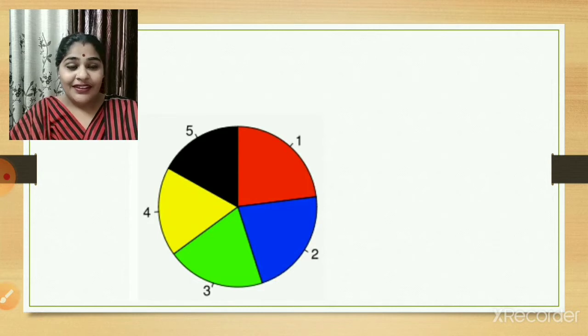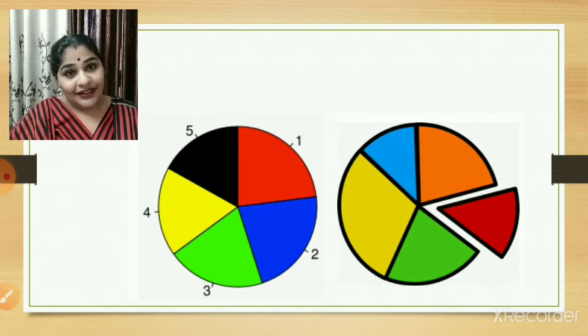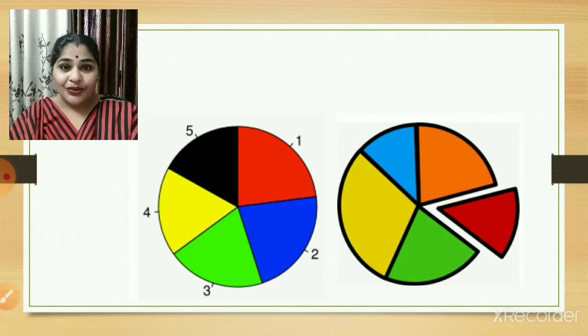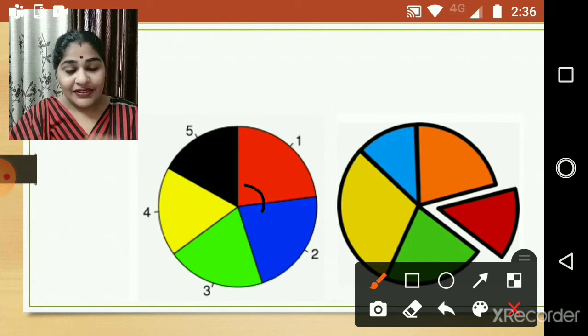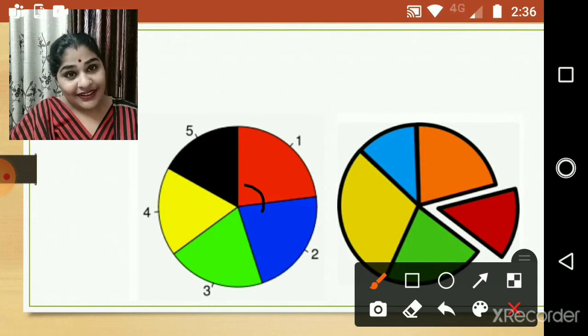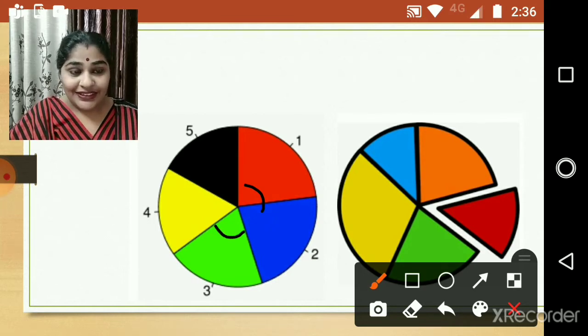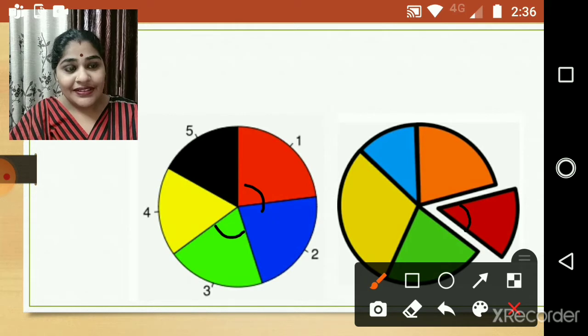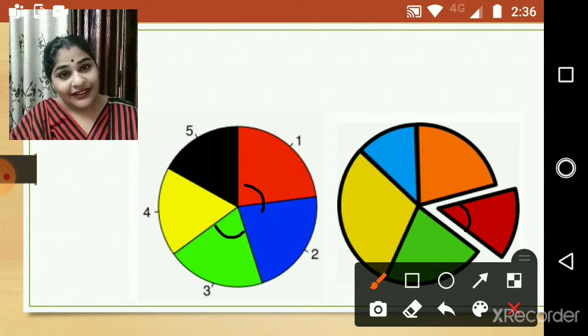Children, each sector, you can see here, this is one sector, has a central angle. Okay, so I'll show you. This is the central angle of your sector 1. This is the central angle of your sector 3. So there is a central angle of each sector, and using that central angle we can draw all the sectors depending on the data, children.